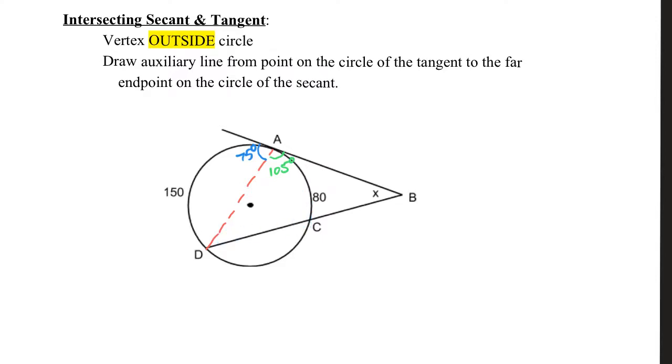So I know this is half of that, which is 40 degrees. And again, just like the example above, I can do my triangle sum theorem, which is 180 minus 105 plus 40, which is 180 minus 145. And when you put that into your trusty calculator, you get 35 degrees.